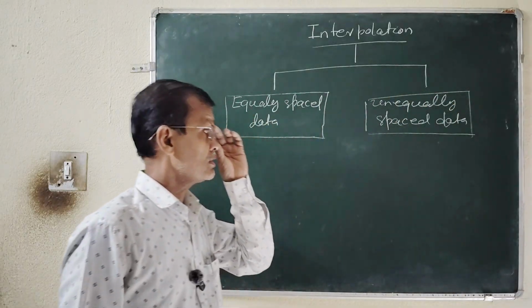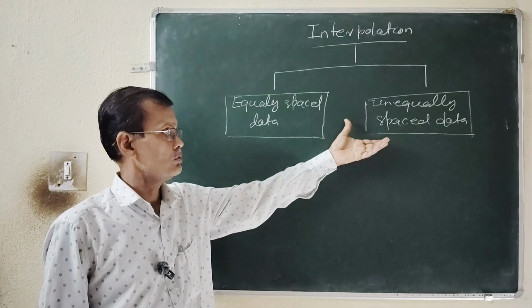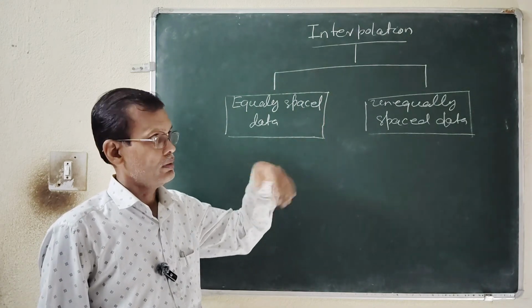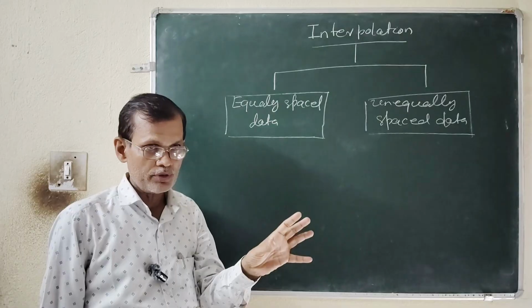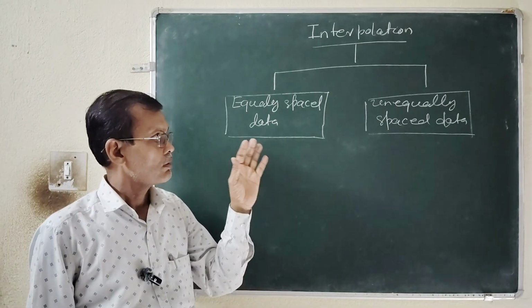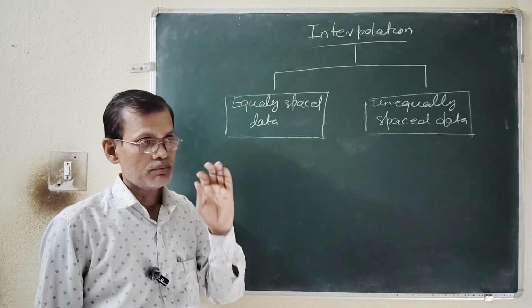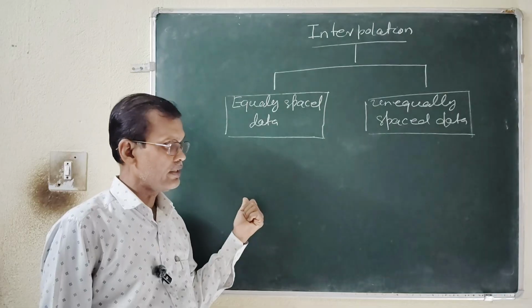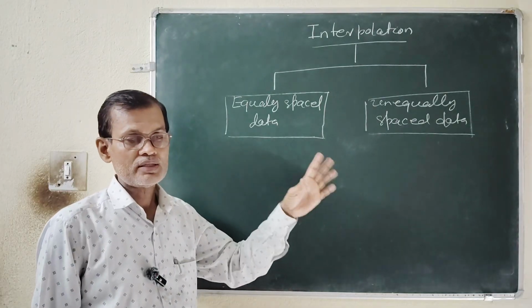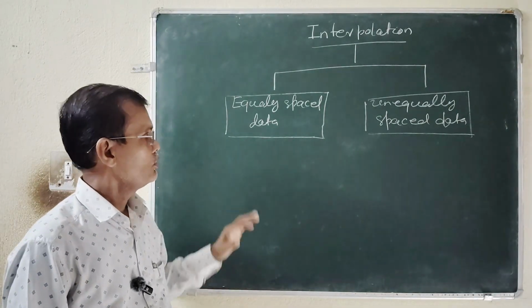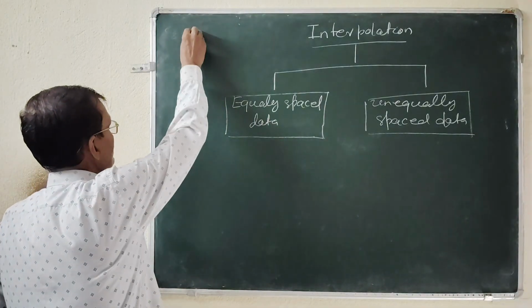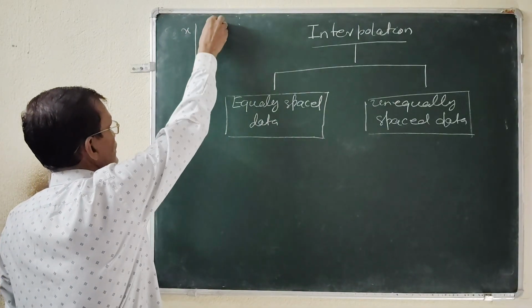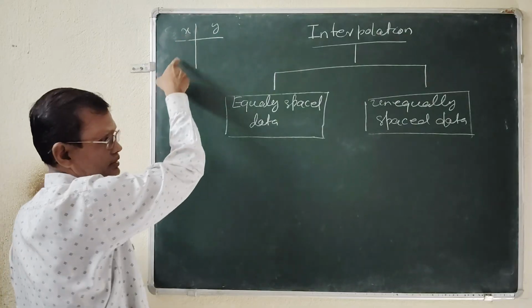Why do we categorize the interpolation in these two forms? See, previously we discussed that from a set of given data points, for a given x we are finding y. What is x? X is the independent variable. When we design this x and y, we decide this x.